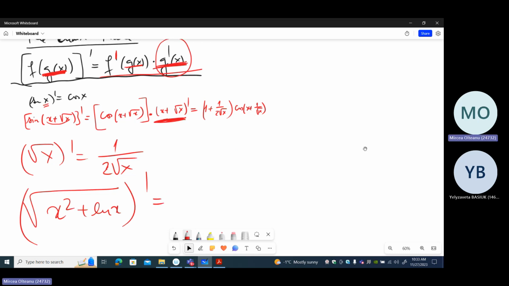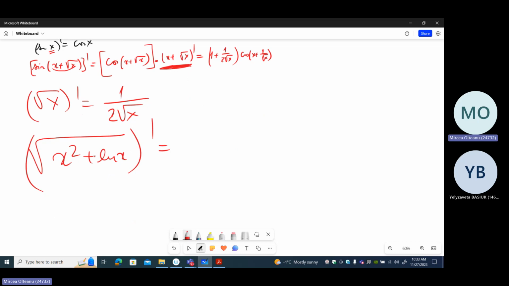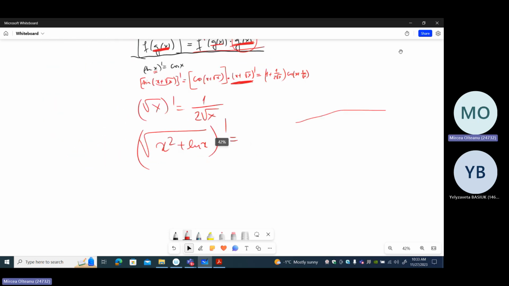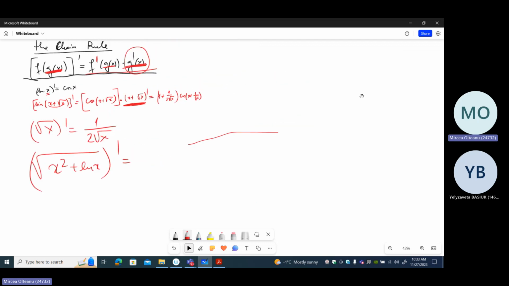Of course, we shall compute the derivative according to the same formula, the chain rule, yes? Attention, we never compute a derivative if we don't know exactly what formula we must apply. So we shall apply this formula written here, where f is the square root and g of x is what's written inside the square root.